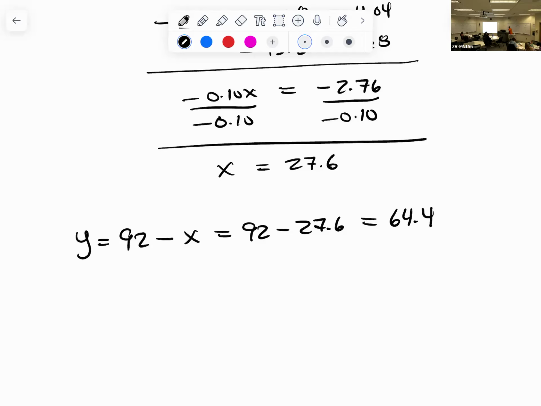Again, 27.6 and 64.4, those aren't even bad decimals. But the problem becomes trying to guess and check and make those values up. You will spend forever trying to find that in-between decimal. Set up the equations and then algebraically solve them.